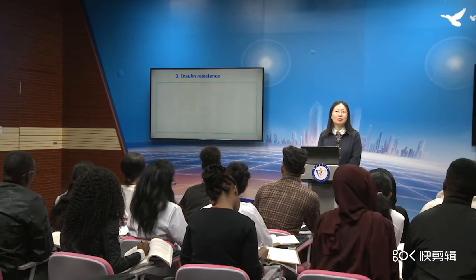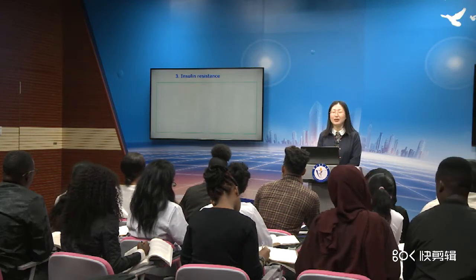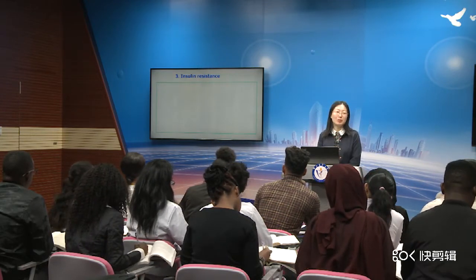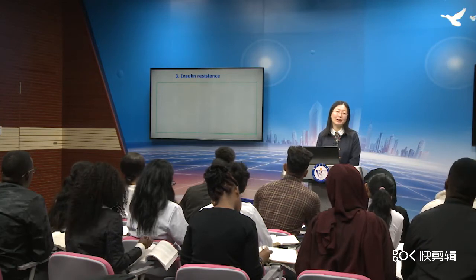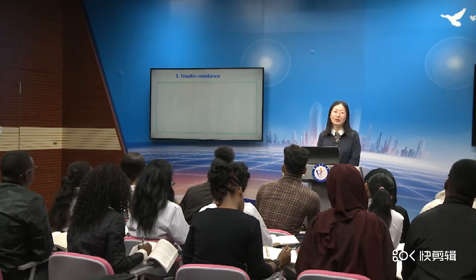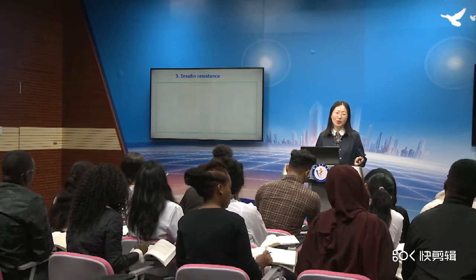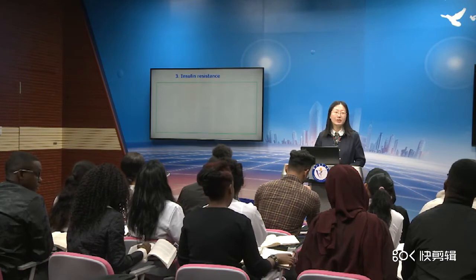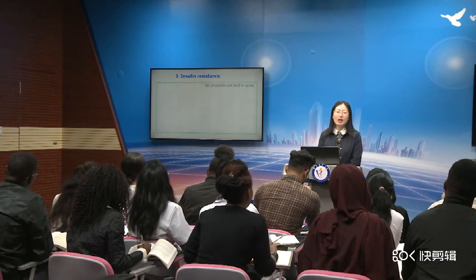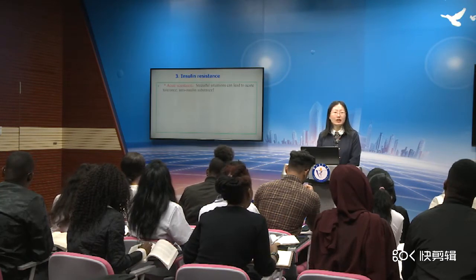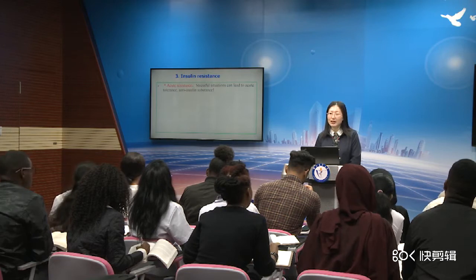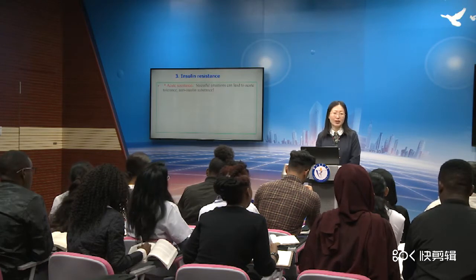The third adverse reaction of insulin is the most difficult problem when we treat diabetic mellitus patients, because when we use insulin it has no effect, and there is tolerance. We call this insulin resistance. Insulin resistance includes acute resistance and chronic resistance.